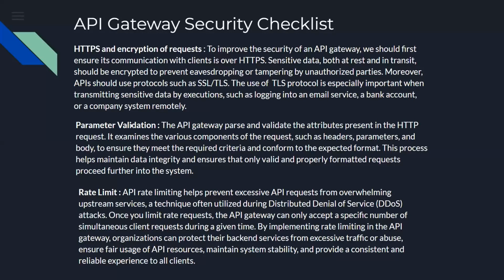Parameter validation. An API gateway parses and validates the attributes present in the HTTP request. It examines the various components of the request, such as the headers, the parameters, and the body, to ensure that they meet the required criteria and conform to the expected format. This process helps maintain data integrity and ensures that only valid and properly formatted requests pass further into the system.